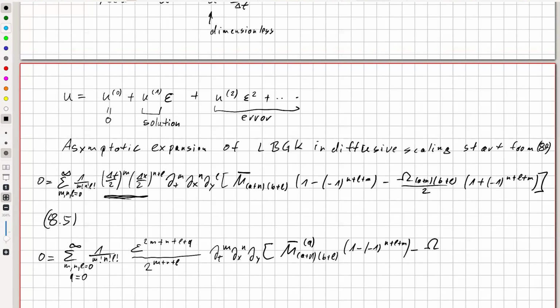Now comes the same thing for this omega. This goes to order Q. This 1/2, 1 plus minus 1 n plus L plus m, and closing brackets. Okay.